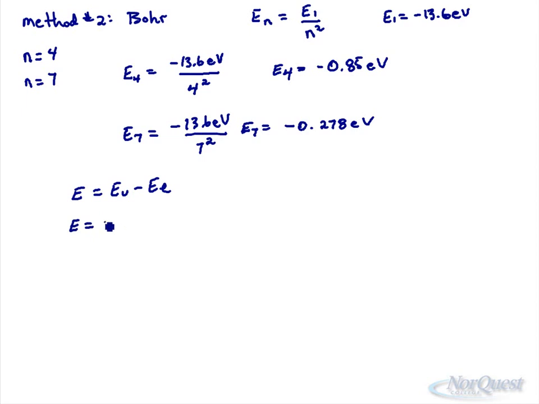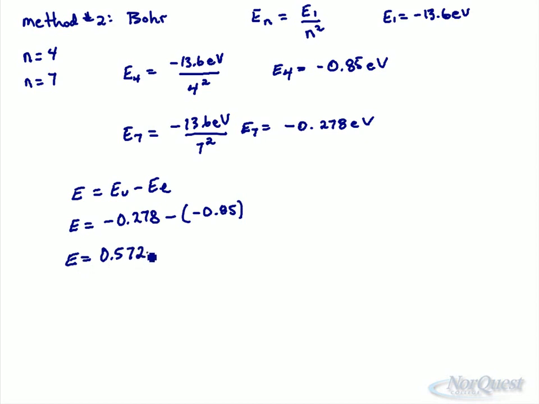So if we go negative 0.278, subtract negative 0.85, the energy that was part of the transition gives you 0.572 electron volts. I kept my exact values in here.